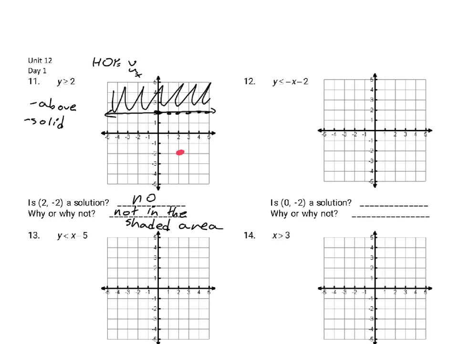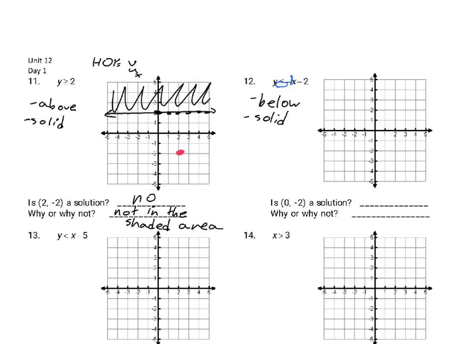Okay, now number 12, less than or equal to, that tells us it's going to be solid. The equal to portion of that tells us that. It's going to be solid, and it's going to be below. So if we were graphing this, y equals negative x. Slope is negative 1.